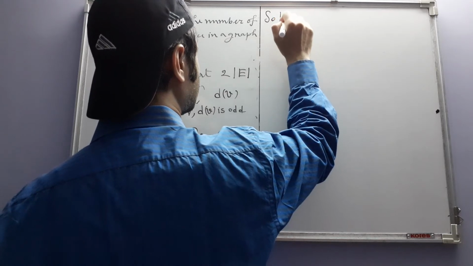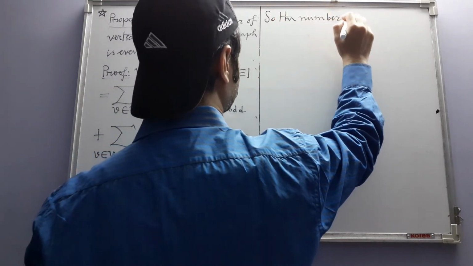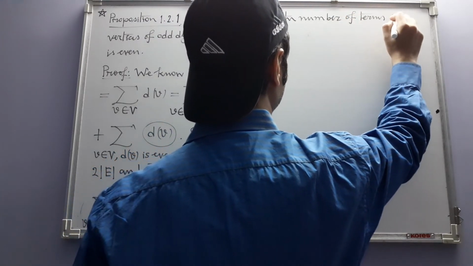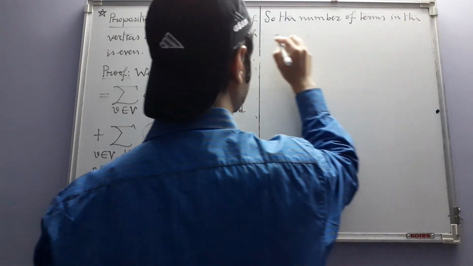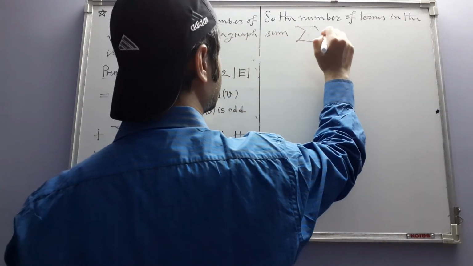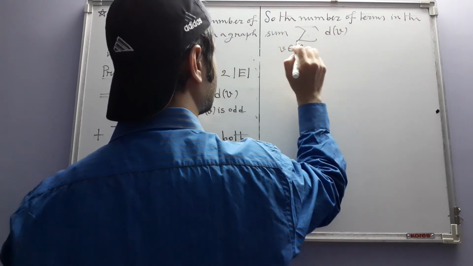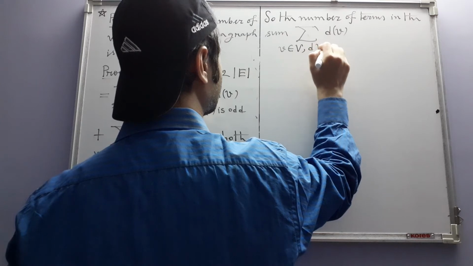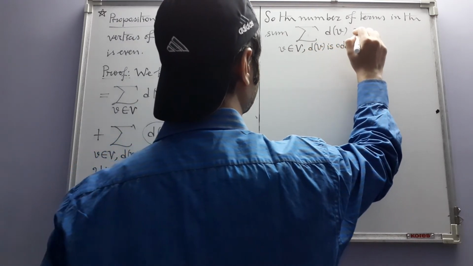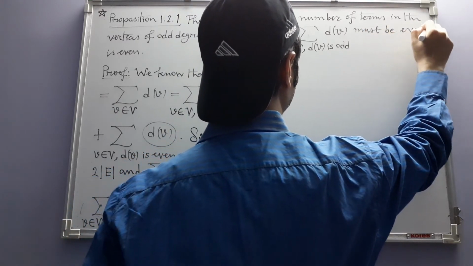So the number of terms in the sum must be even.